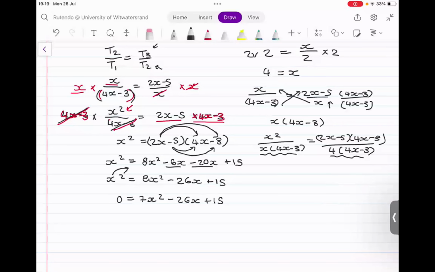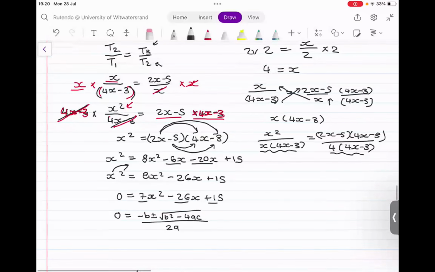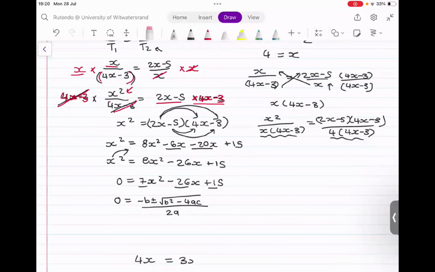It's not going to be a very nice looking number, but that's okay. How do I do this? We can use the quadratic formula because it looks a bit complicated. So our quadratic formula says x equals minus b plus or minus the square root of b squared minus 4ac, all over 2a.